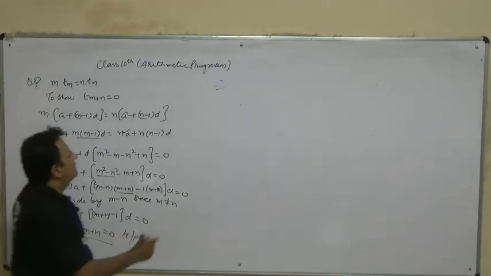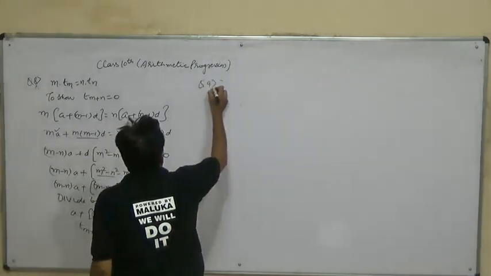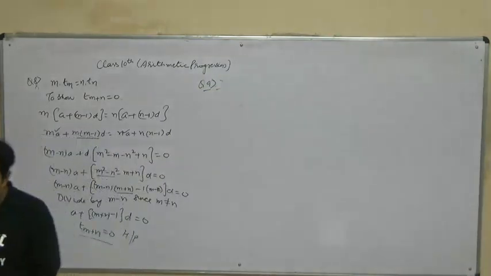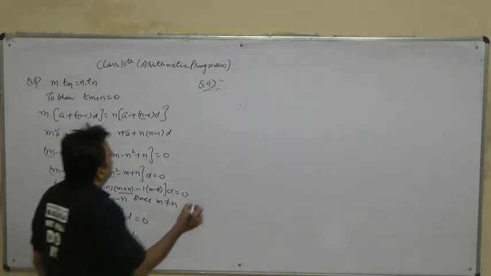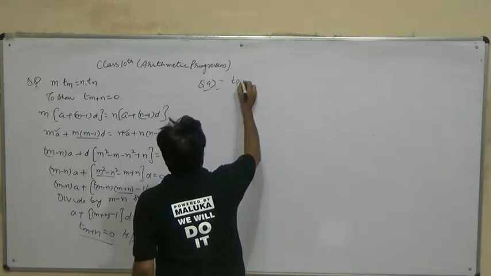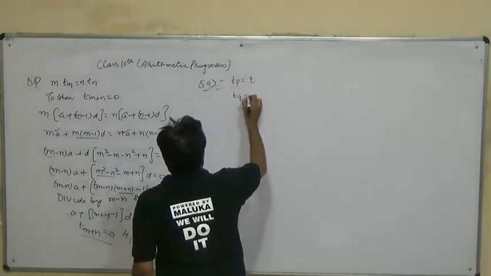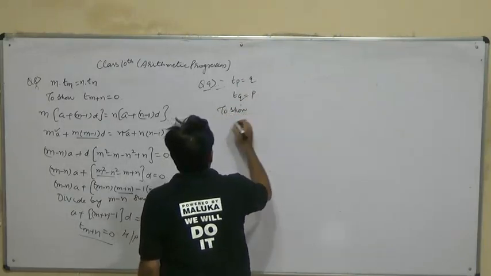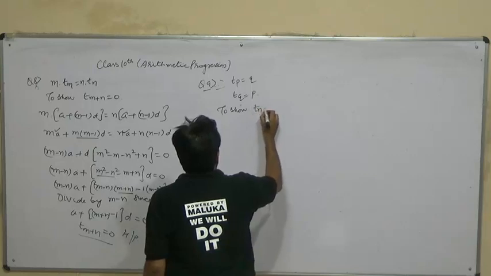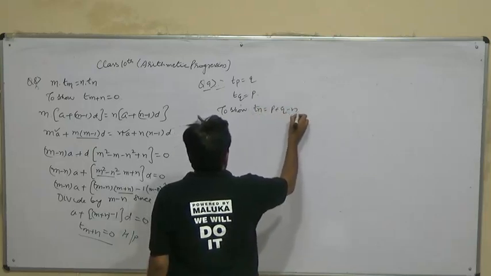Then question 9th is: the pth term is q and the qth term is p, to show the nth term is p plus q minus n.